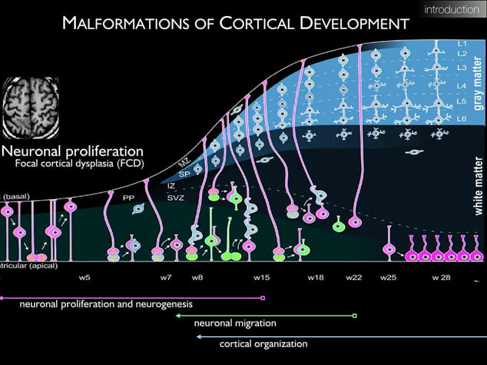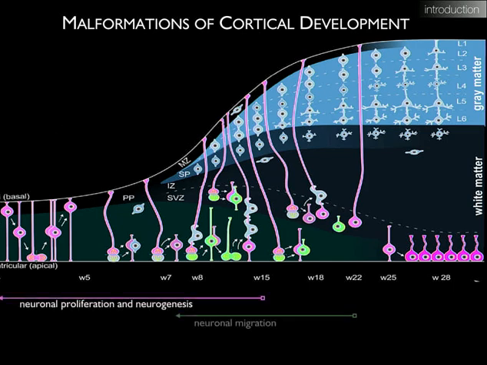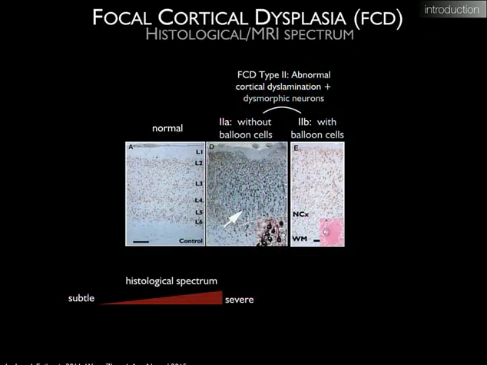But along any of these processes, you can have disruptions in cortical development, and they manifest as malformations of cortical development. And FCD is one of these malformations that result from disruption of the neuronal proliferation. So our pathology of interest specifically is FCD type 2, which is characterized by abnormal dyslamination.